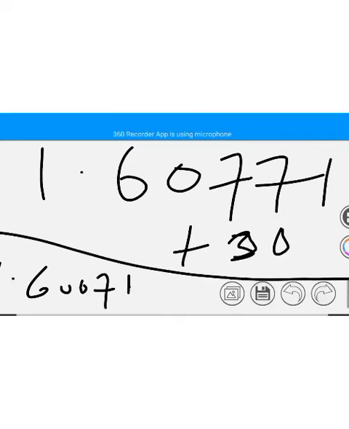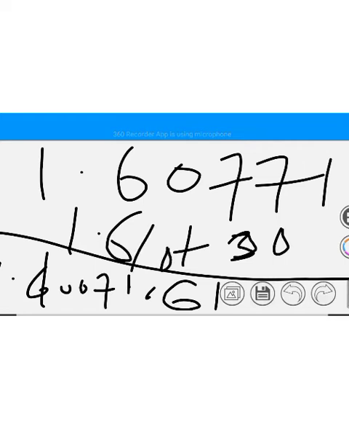So here you add 30 pips to 1.6077. It will give us 1.6107. Sorry.